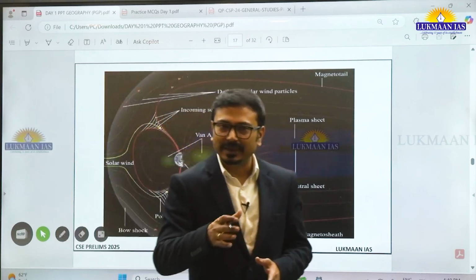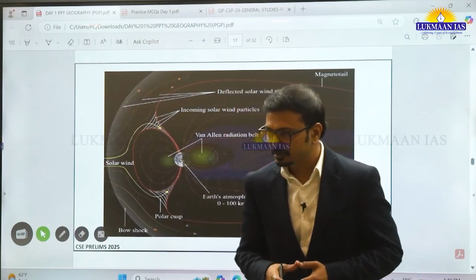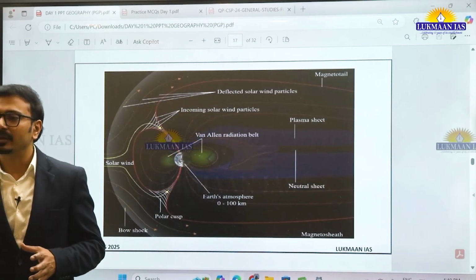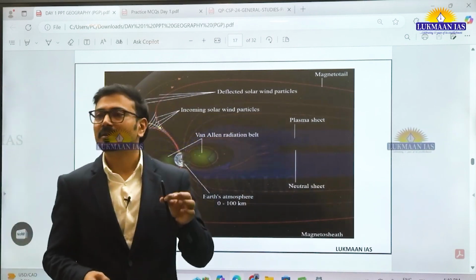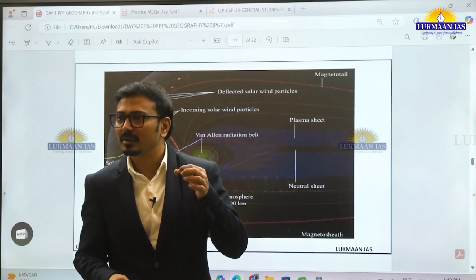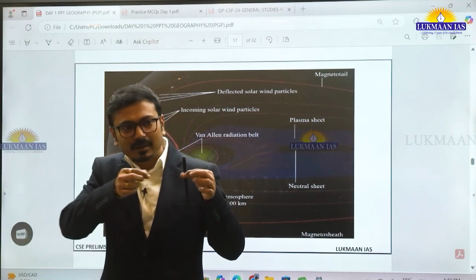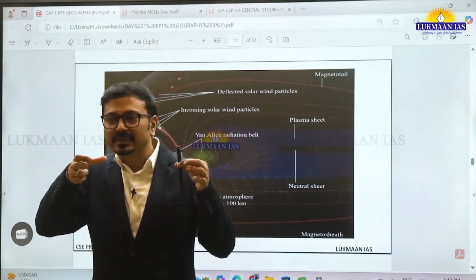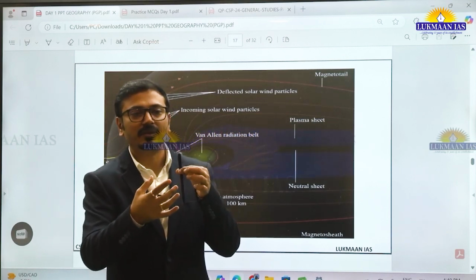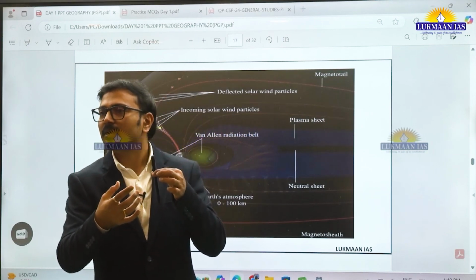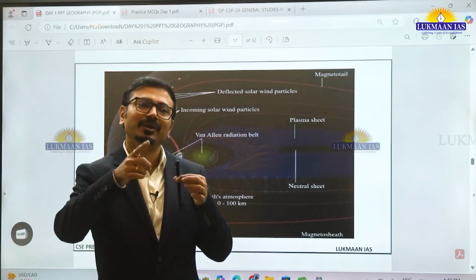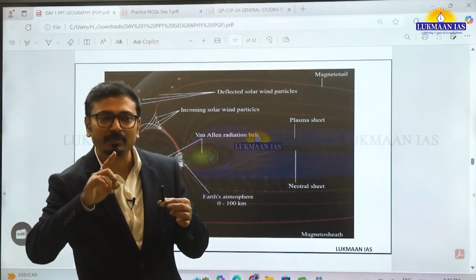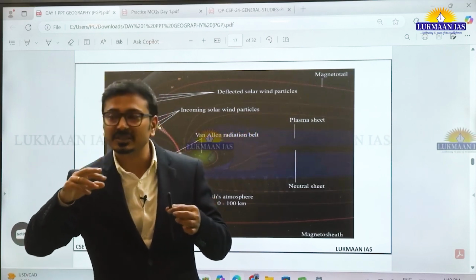They are relatively cooler in terms of temperature, but they are having built up magnetic field. ठीक है, built up magnetic field means, look at this, let's say this is the rubber, and if I am stretching that rubber in this direction, now that rubber is having built up energy. If I release this rubber, suddenly there will be vibrations.